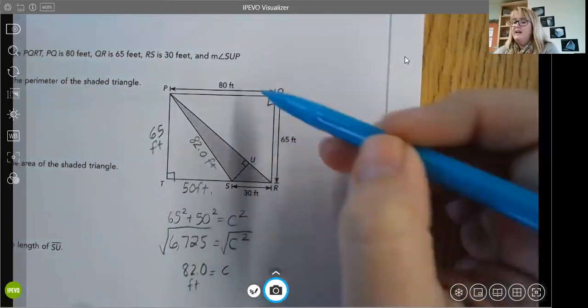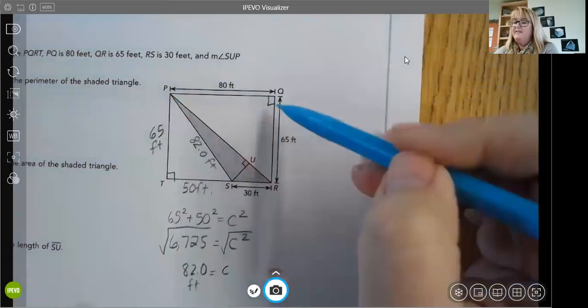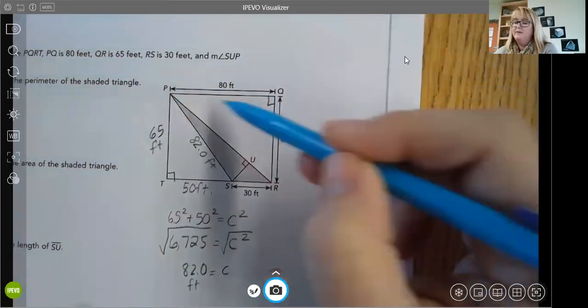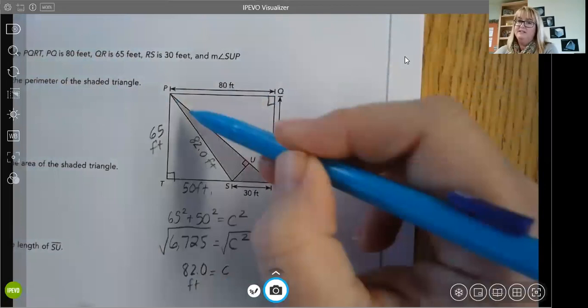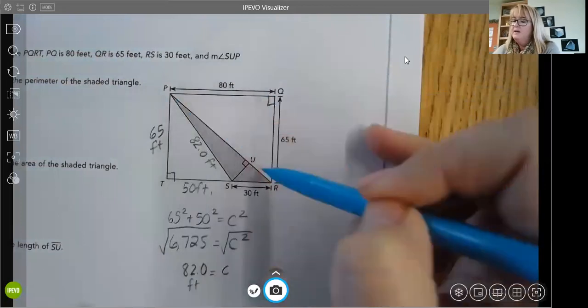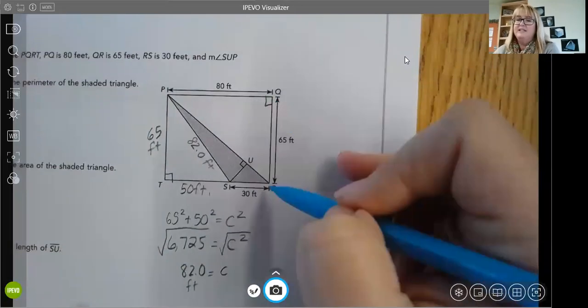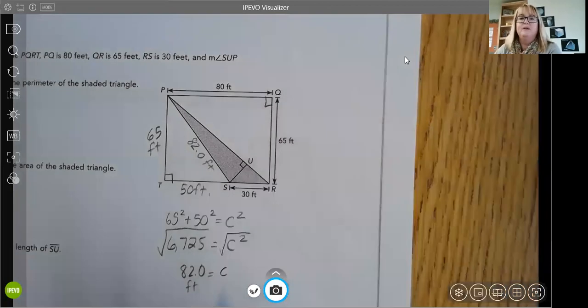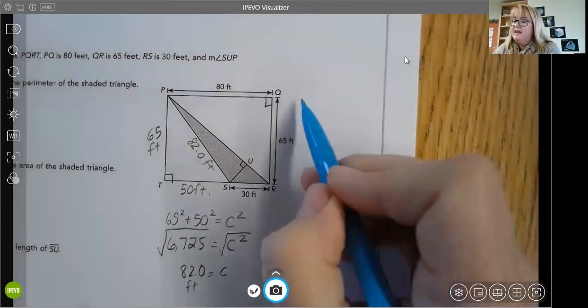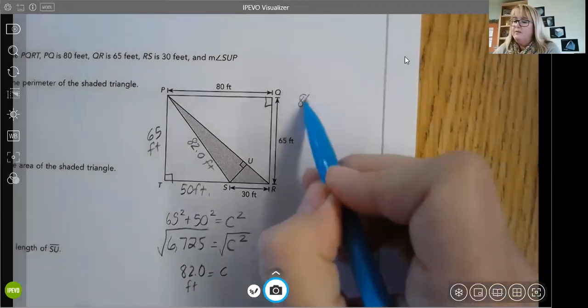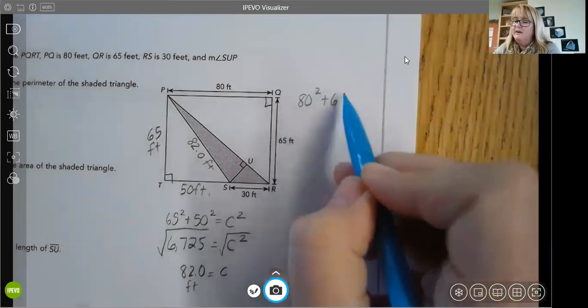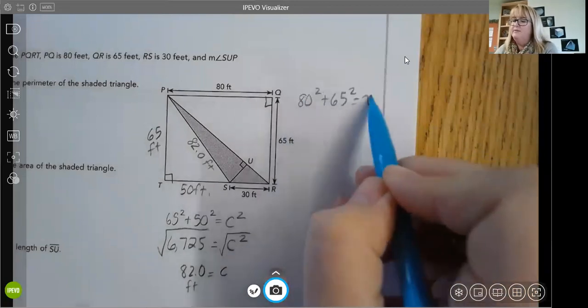So since I've got 80 feet and I've got 65 feet, I can use those in the Pythagorean theorem to figure out what this side length is. So 80 and 65 are legs, our unknown is the hypotenuse. So we are going to put that in, 80 squared plus 65 squared equals x squared.